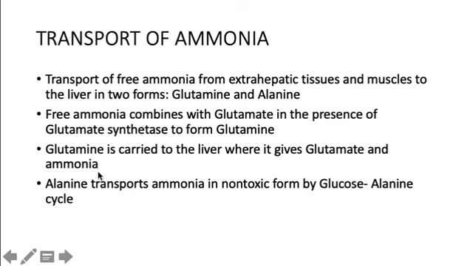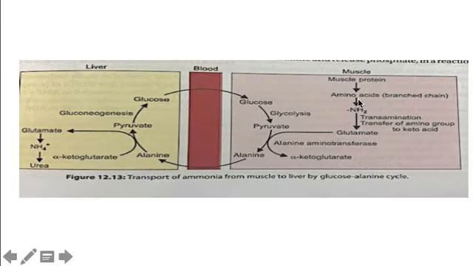Now what happens in the muscle? The alanine transports the ammonia in the non-toxic form by the glucose alanine cycle that takes place in the muscle tissue, right? So we'll just have a look at what happens from the muscles. From the muscle protein, the amino acids, that is the branched chain amino acids, are released.